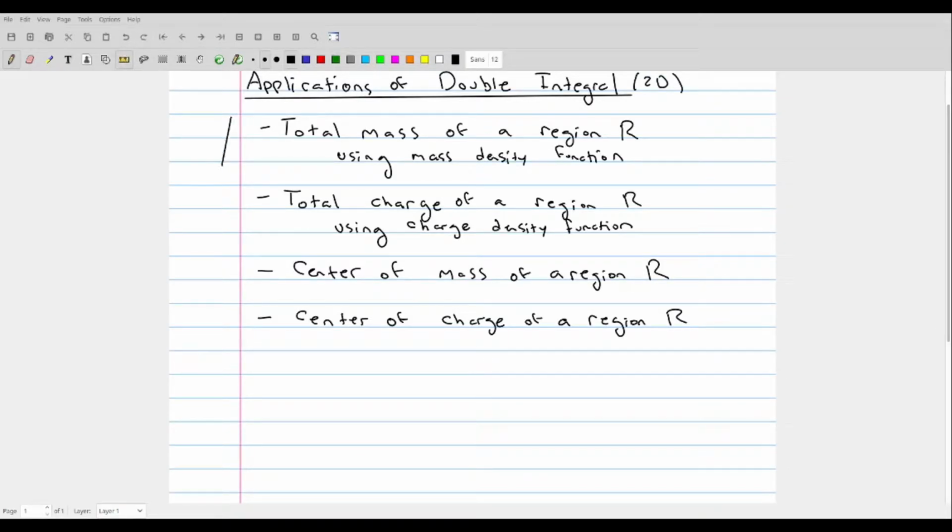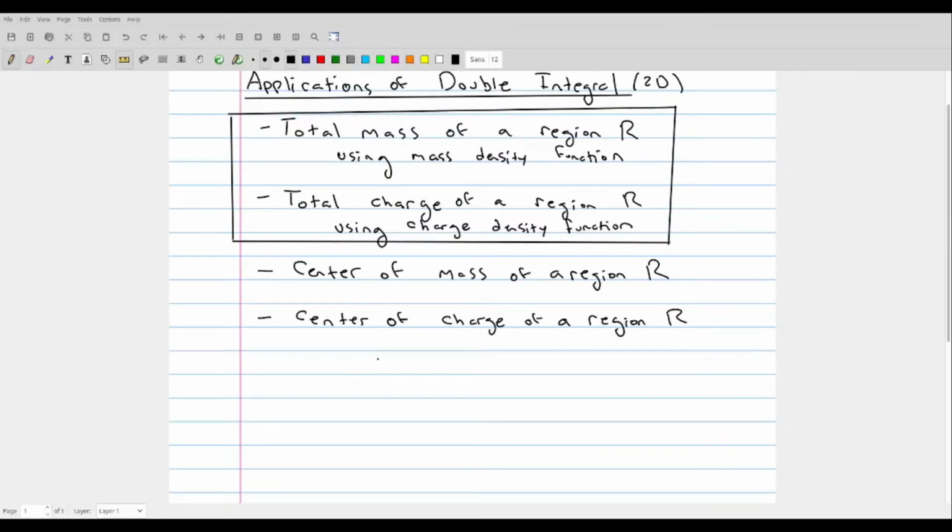In some sense, the formulas that we derive are going to go together very closely. So these two are going to be very similar to one another.